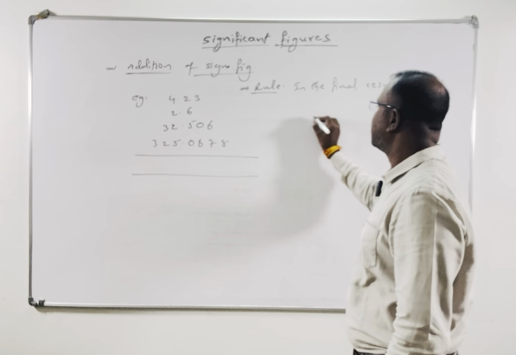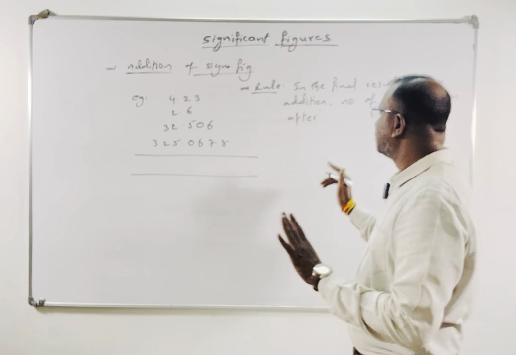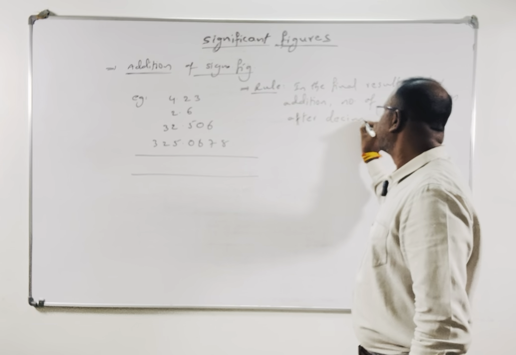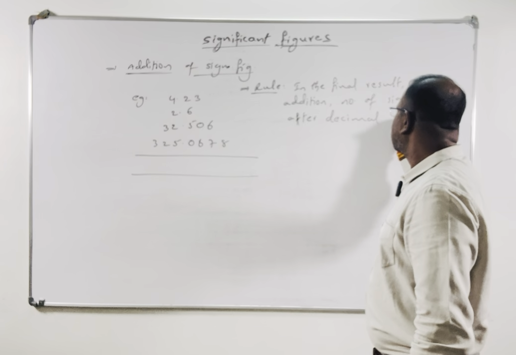after decimal point. Before decimal point, any number of digits may be there, no consideration. But after decimal point, there should be the least number of digits.